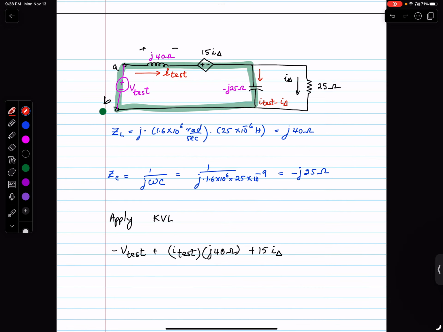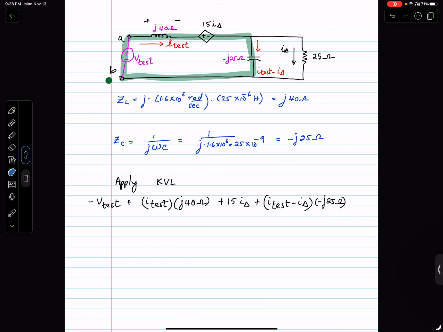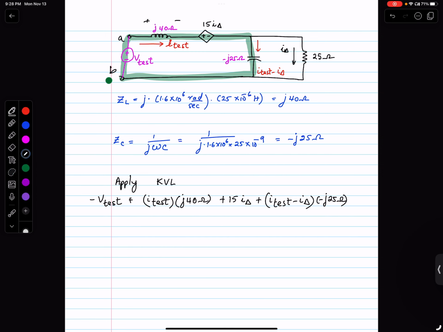So that's the current I'm going to use, which is I test minus I delta, all of that multiplied by negative J 25 ohms, right? So that's all the voltage dropped around this loop. Now all of that equates to zero.